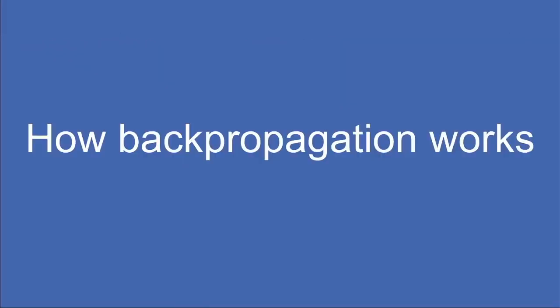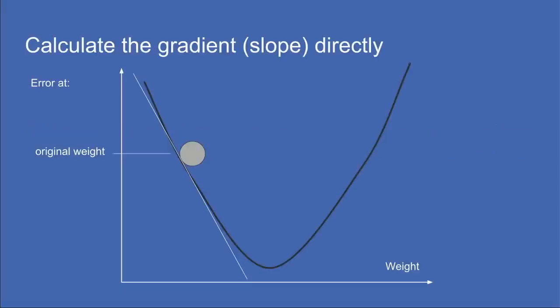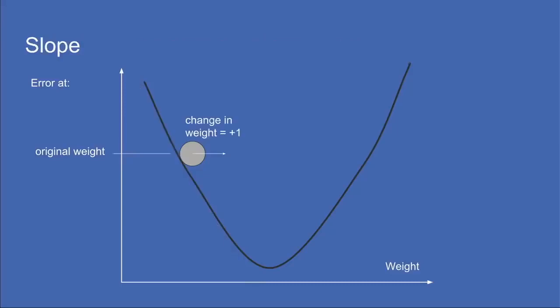Enter backpropagation. So remember, we found the nice analytical solution to what we had going on in the case of the M&M estimate. So we would love to be able to do something like that again. If we had an analytical solution, we could jump right to the right answer.